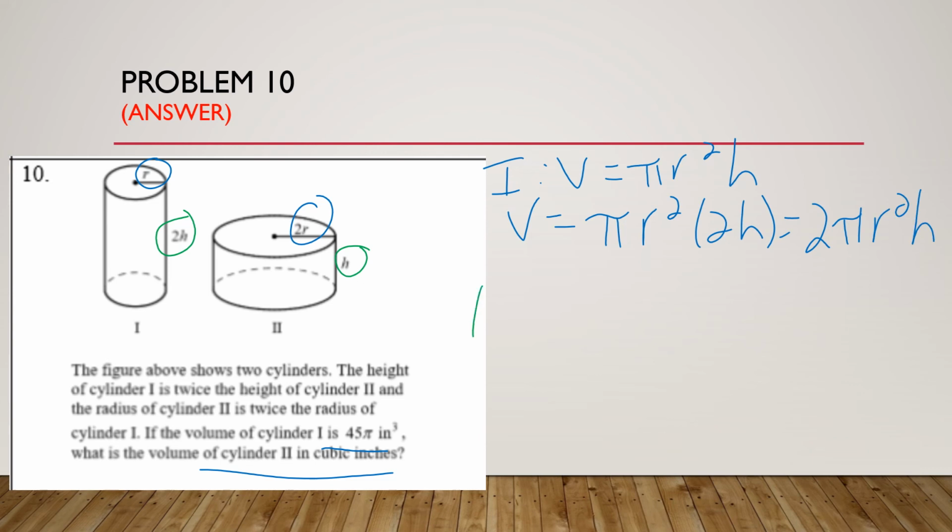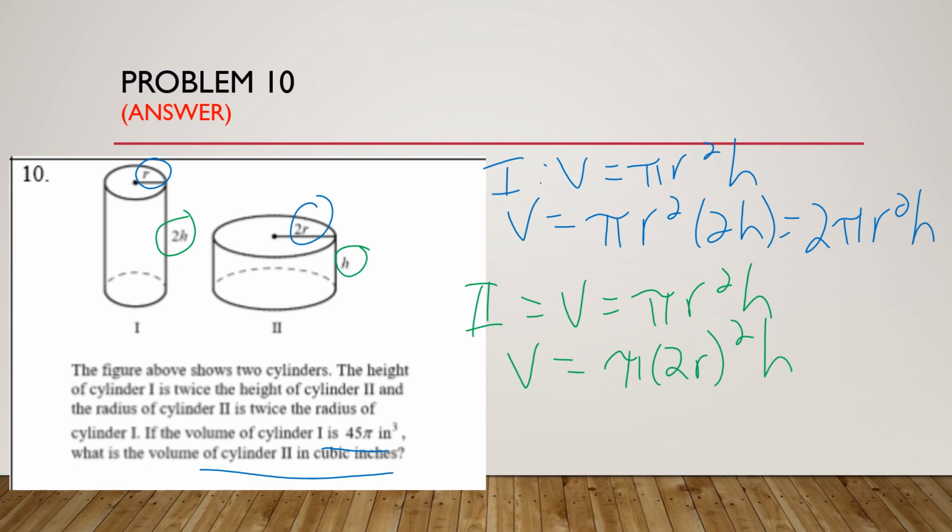If we talk about cylinder 2, again, volume is equal to pi r squared h. In this case, that would be pi, instead of r, it's 2r, all squared, times h. That would give us pi, 2 squared is 4, r squared h. If we want to clean it up, that's 4 pi r squared h.